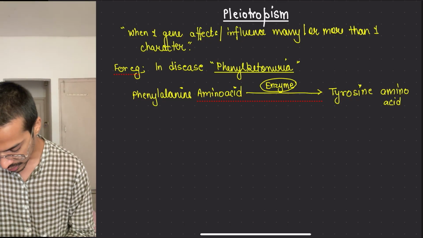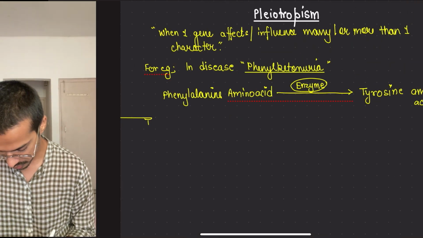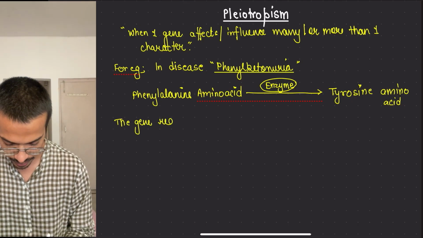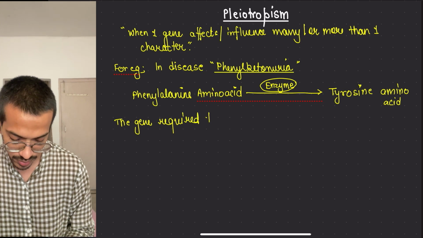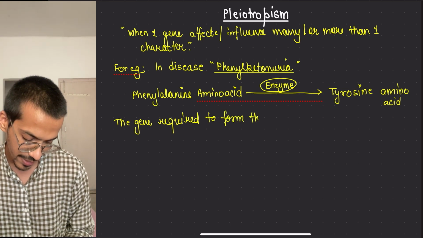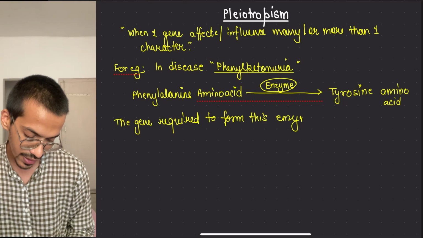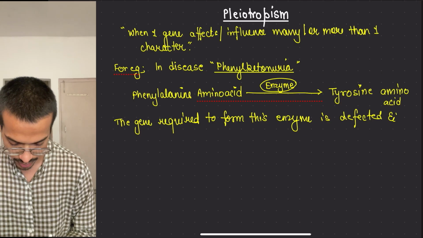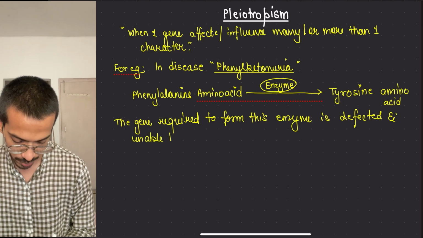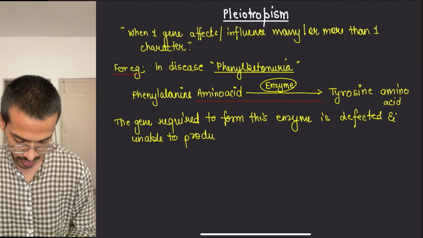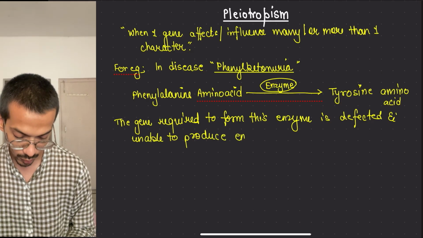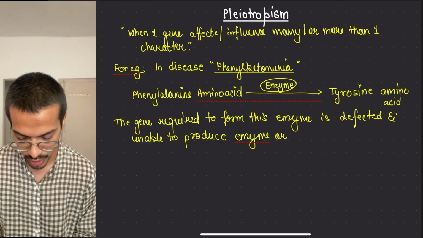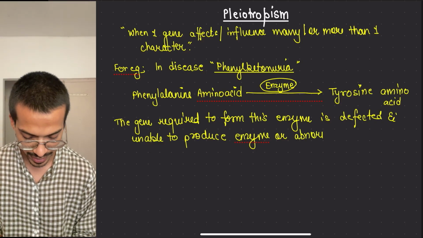Okay, so what happened, the gene required to form this enzyme is defective and unable to produce the enzyme, or if producing then it is a defective or less common or abnormal enzyme.